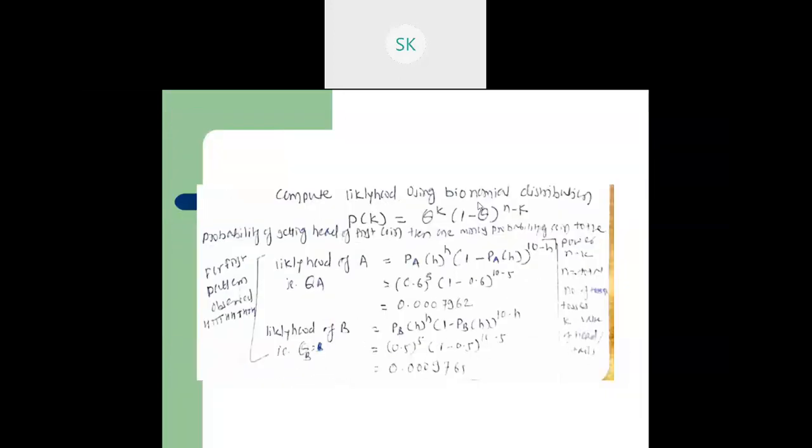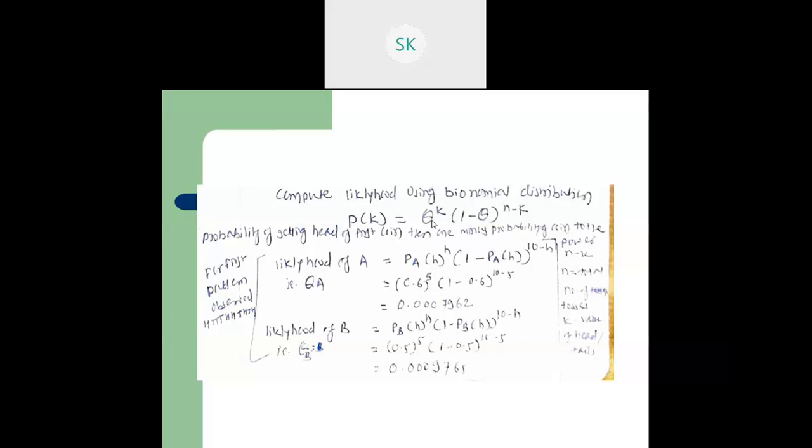The calculation of likelihood we are doing with the standard formula, that is the binomial distribution, to compute the likelihood. So if theta A and theta B are confusing, just consider replacing the probability of that event happening with the probability of that event not happening.